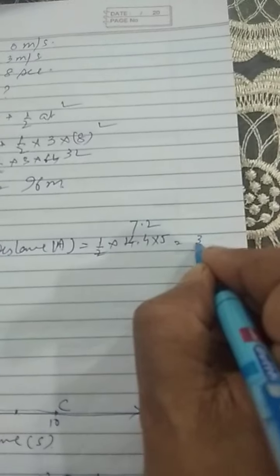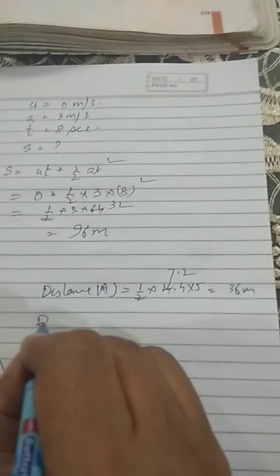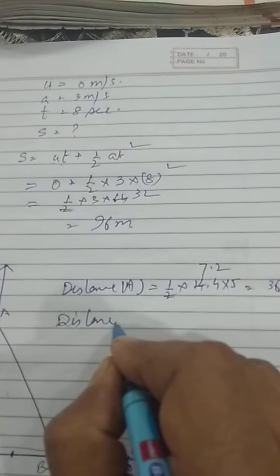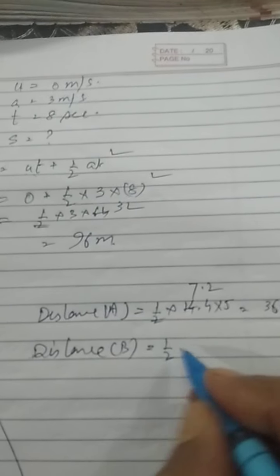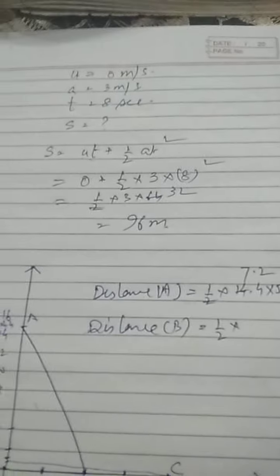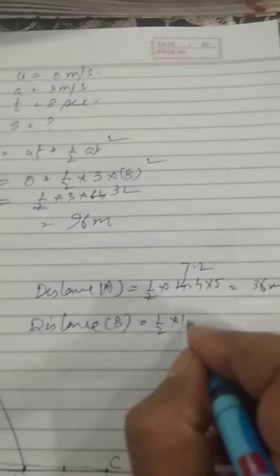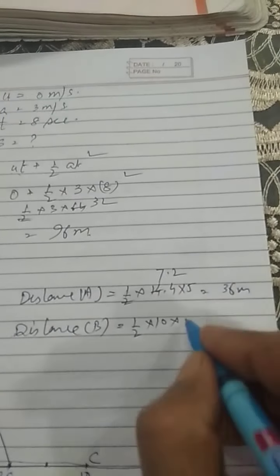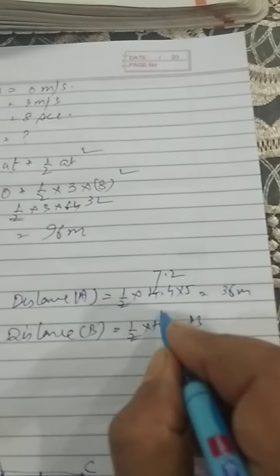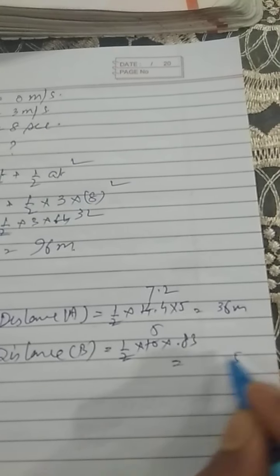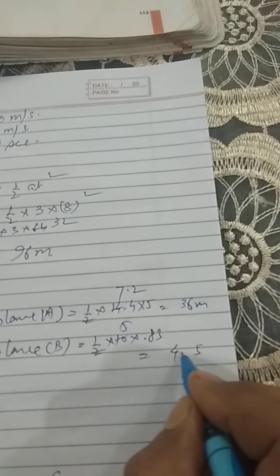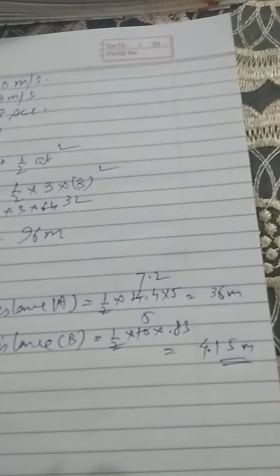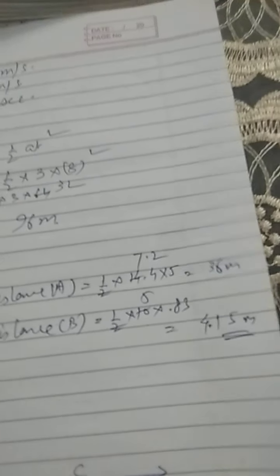It comes out to be 36 meter before it comes to rest. Distance traveled by car B is half base into height. Base is 10 and 0.83. It comes out to be 4.15 meter.